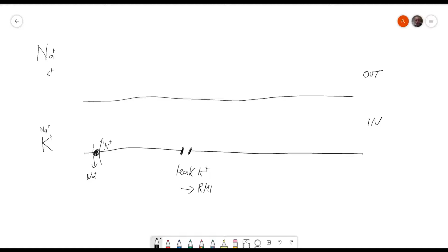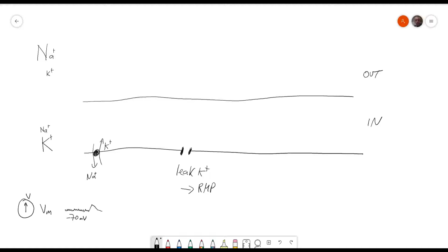We're going to record down here. We've got a little volt meter measuring the voltage of the membrane, and before anything exciting happens, this is going to be at around, let's say minus 70 millivolts. So if we get a little depolarization that's below the threshold of the sodium channels, we're not going to see very much.